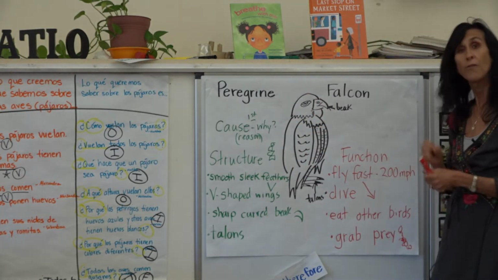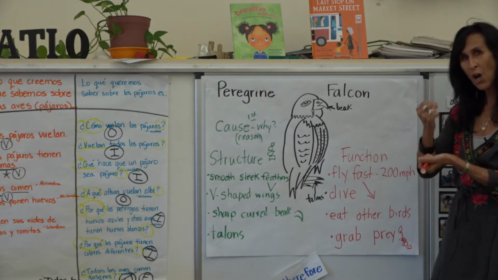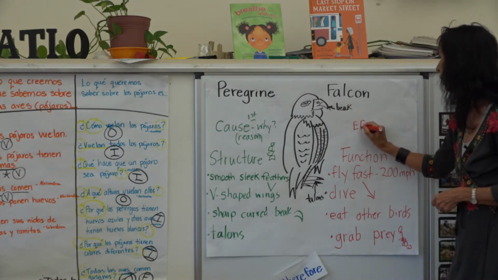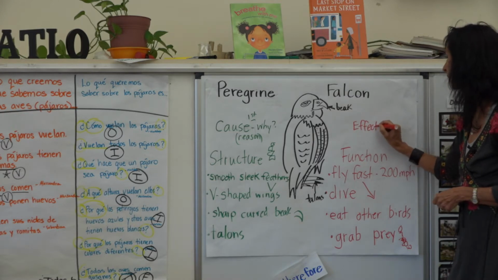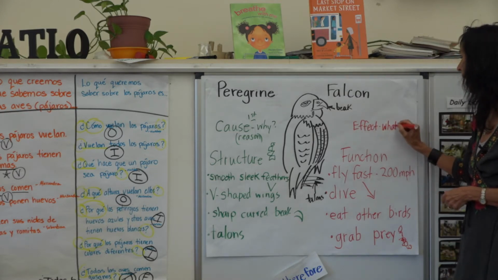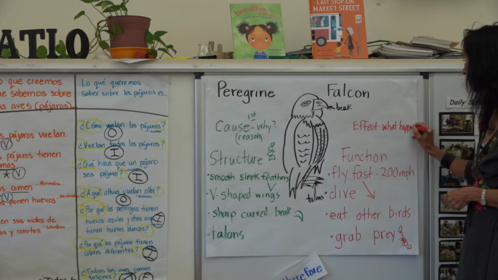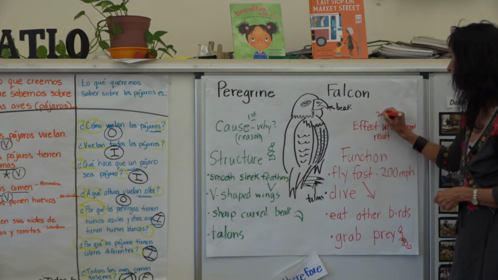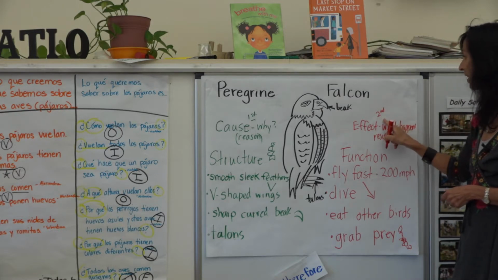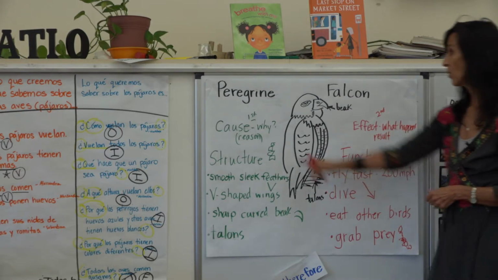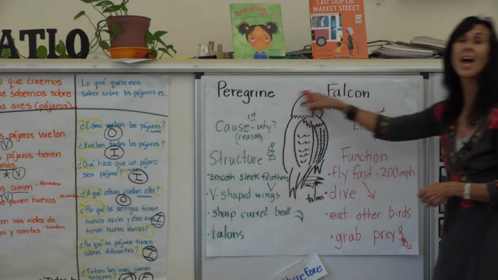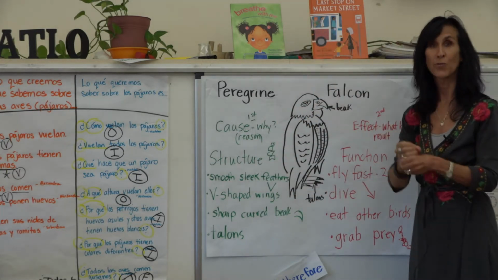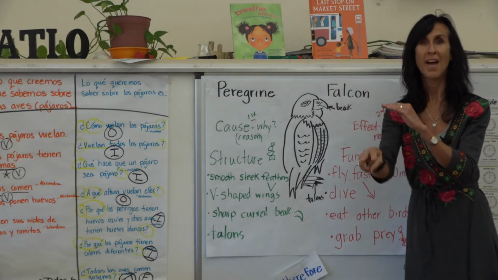Over here, for the function, the job, this is the effect, or the result, or what happens. This happens second. So we always have the cause and then the effect. Show me the sign language for cause and effect.